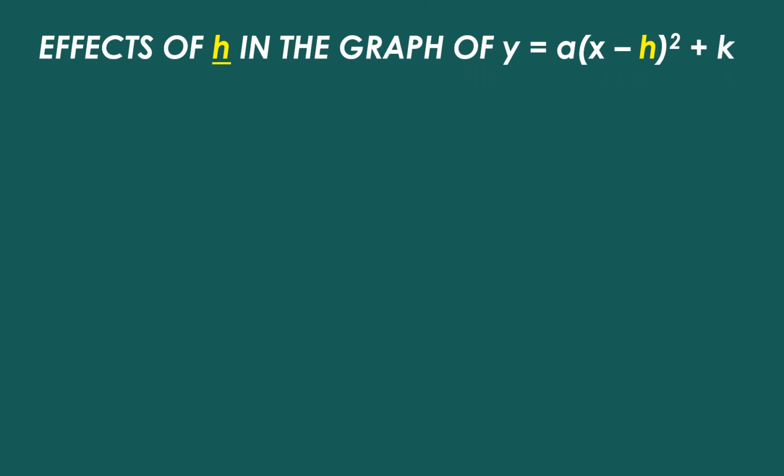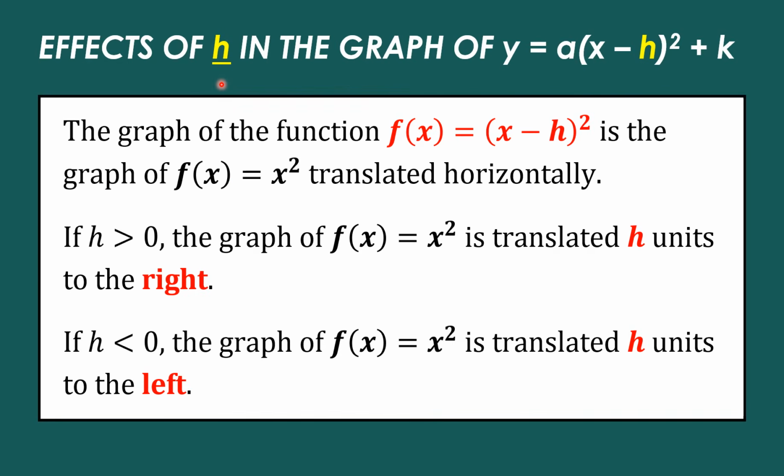Now, let us discuss the effects of changing the value of h in the graph of our quadratic function. The graph of the quadratic function f of x equals the quantity x minus h squared is the graph of our parent function translated horizontally. A horizontal translation of a parabola is the shift of the parabola left or right with no change in the shape of the parabola.